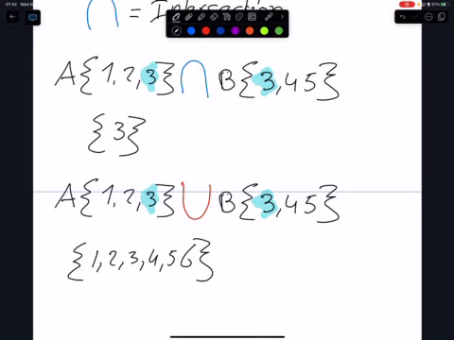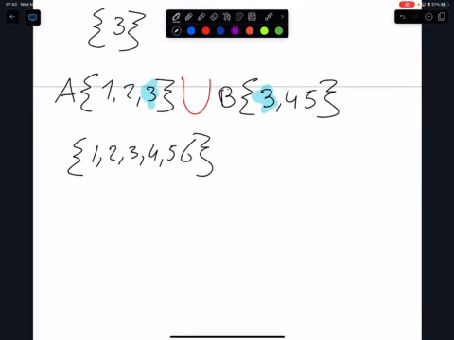Both of them have 3, but I only use 1, because I only need 1. So the union of set A and set B is 1 to 5. And that's how you write it. Easy peasy.